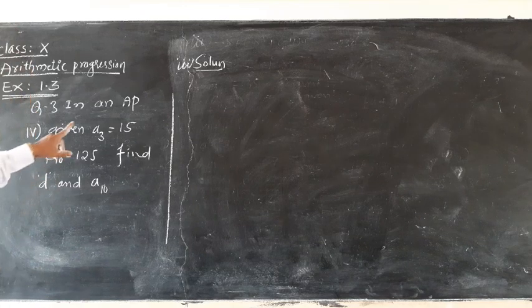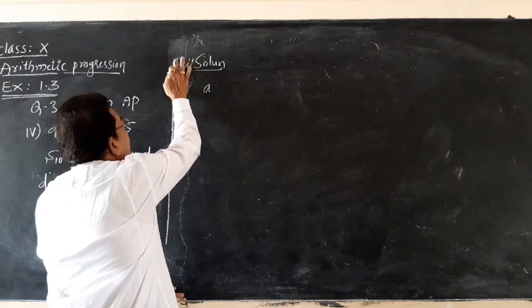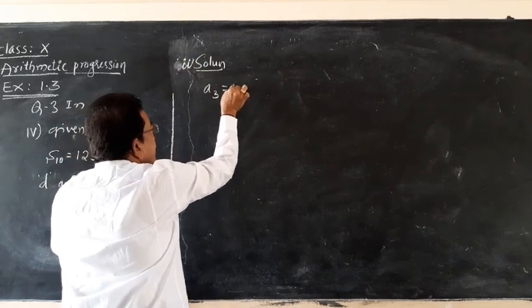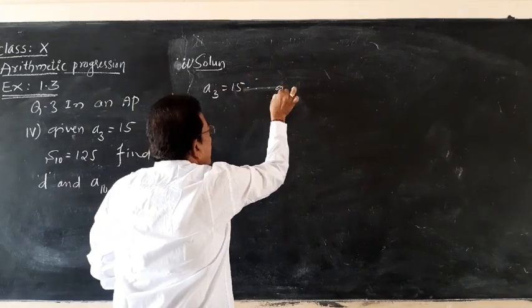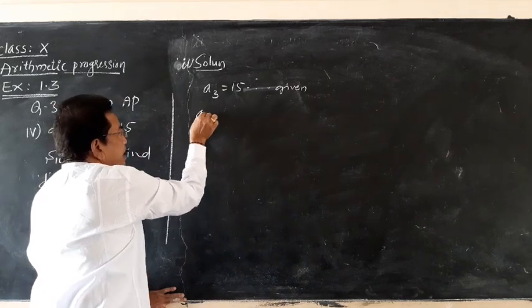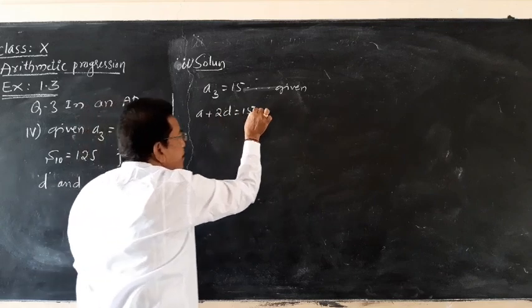See, in an AP, given a3 equals 15. a3, whole solution. a3 equals 15, given. Then meaning of a3, a plus 2d equals 15.